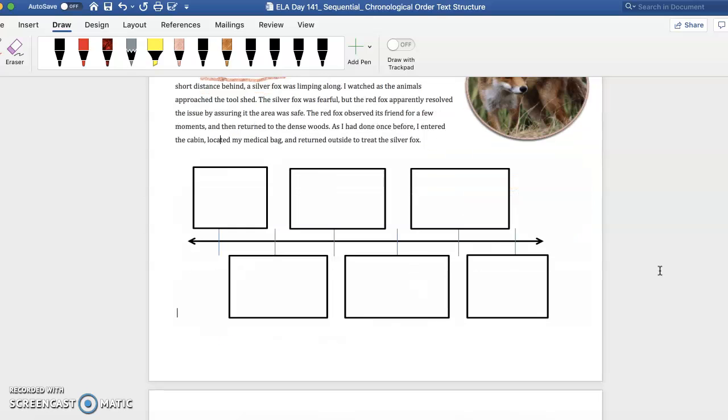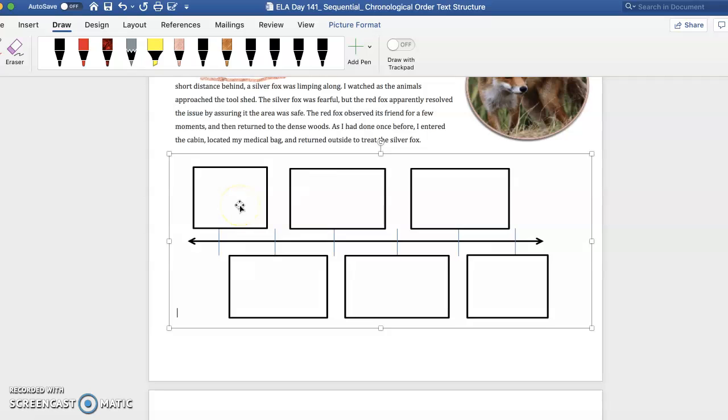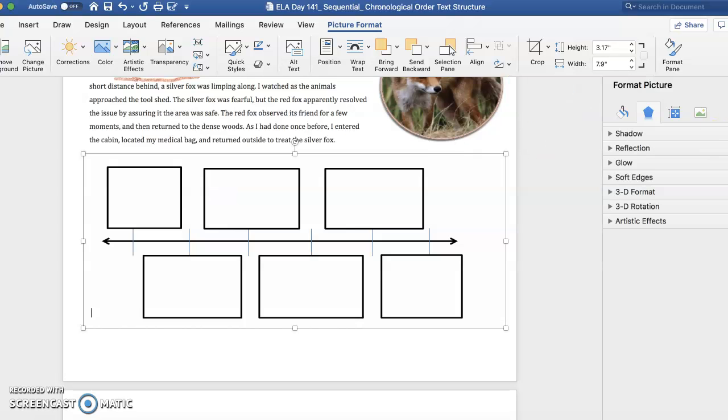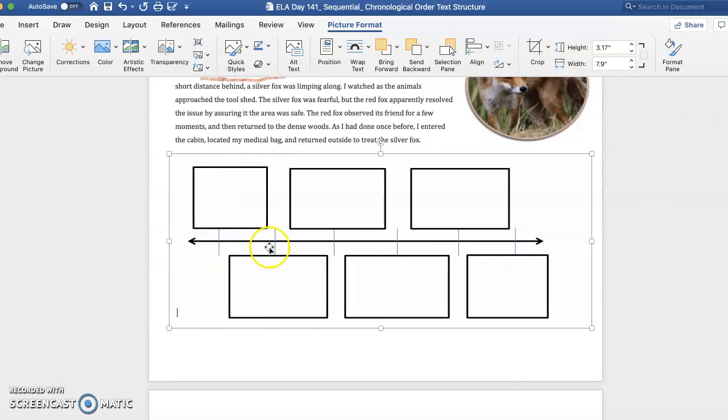Whenever we talk about sequential order, we always are dealing with the timeline on when things happen. So I want you guys to know that this is actually a box, so you're not going to be able to type in it. As you can see, I'm not able to type in it, right? So you can use a separate sheet of paper, but I'm going to try my best to use the marker.